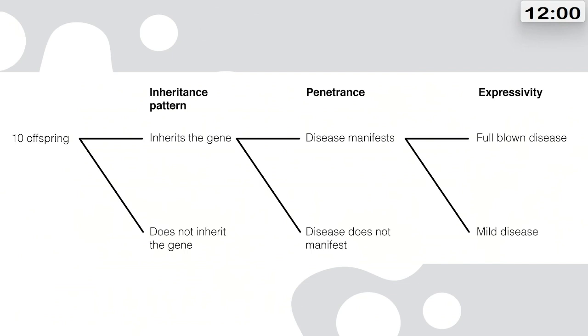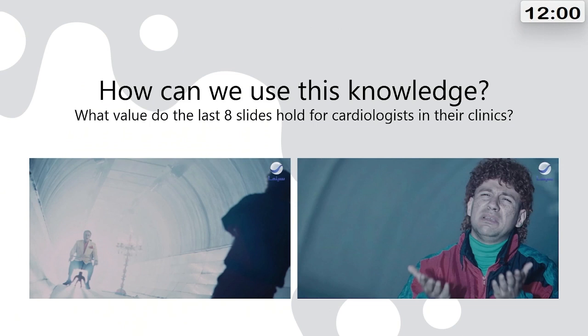Will all of them develop the full-blown picture of HCM or not? If all of them develop the full-blown picture, this is narrow expressivity. If some of them develop mild, some of them develop moderate, some of them develop severe, then this is broad expressivity. There is a large amount of variance in the penetrance and expressivity of the various mutations that cause HCM.